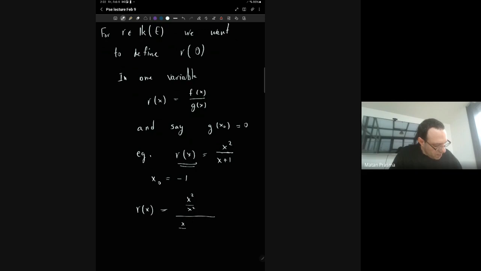We get x over x squared plus 1 over x squared, which is, of course, 1 over x plus 1 over x squared.